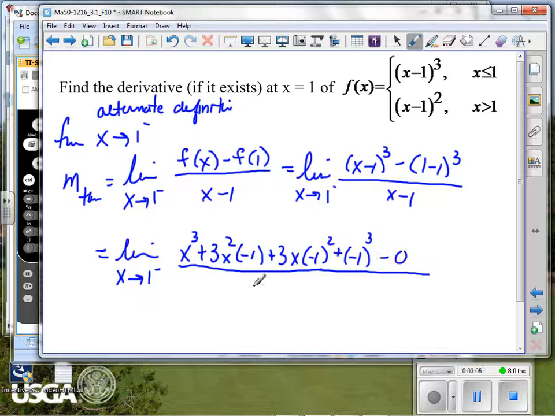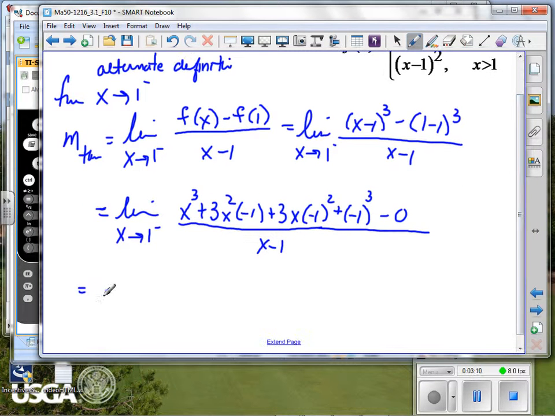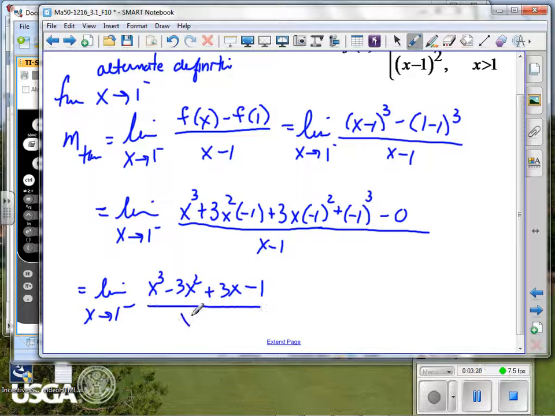And then minus 0 and x minus 1 in our denominator. Heather, did I do it right? You're checking it, I assume, so I'm hoping. Okay, so we have x cubed minus 3x squared plus 3x minus 1 divided by x minus 1.